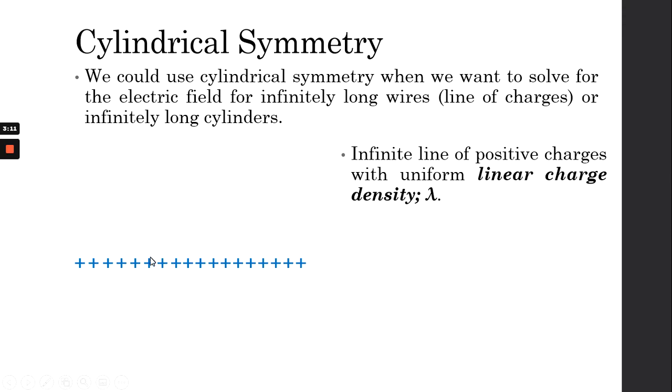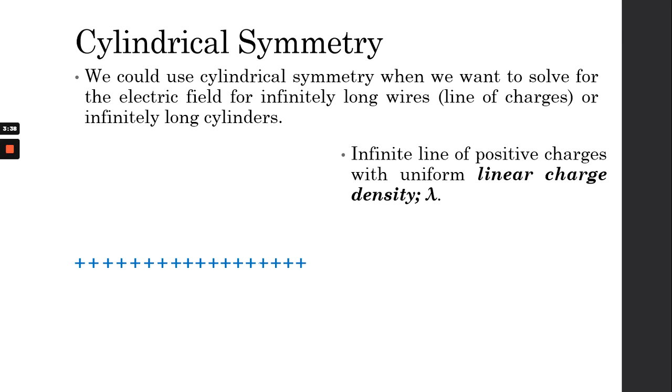So an infinitely long line of charges, and this line of charges has a charge density that we are going to call the linear charge density. And this actually makes sense. We use lambda, this is the sign for lambda, to denote the linear charge density.